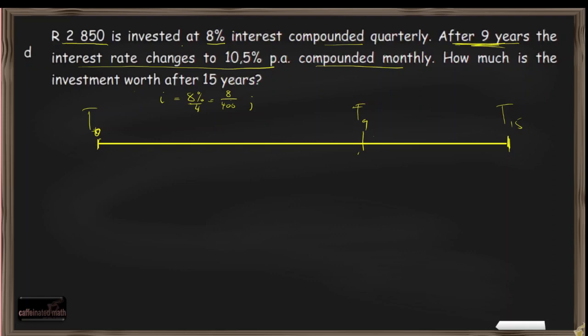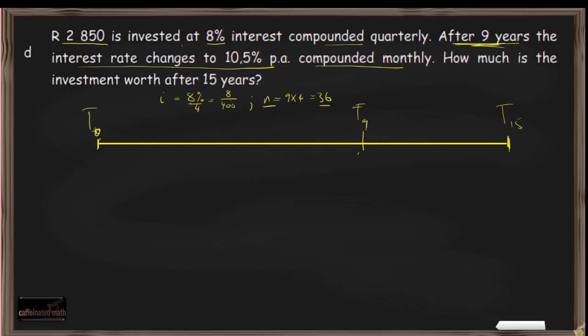Of course, these 9 years need to be multiplied by 4, because there are 4 quarters in a year. So our n is going to be 9 times 4, which is equal to 36. Now we have that information, and that is good.